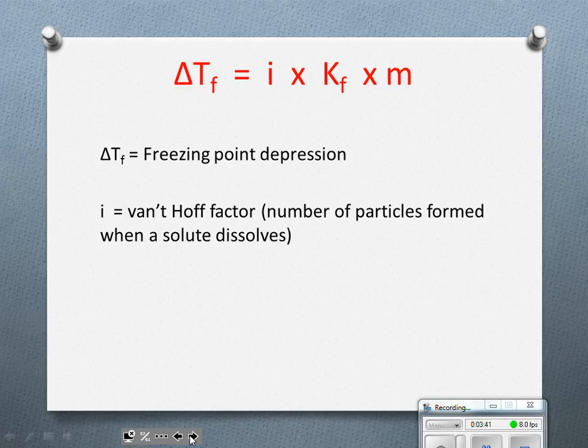I am going to show you how to figure out what Van't Hoff's factor actually is here in a second. K sub F is the freezing point constant. And finally, we already said what lowercase m is. It is the molality.